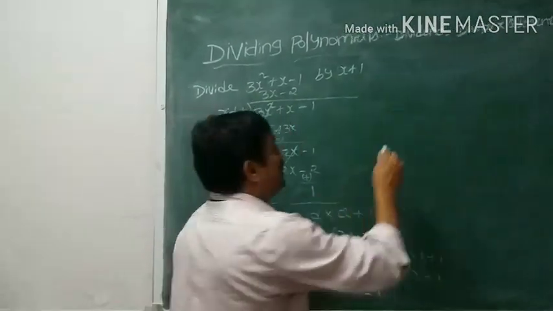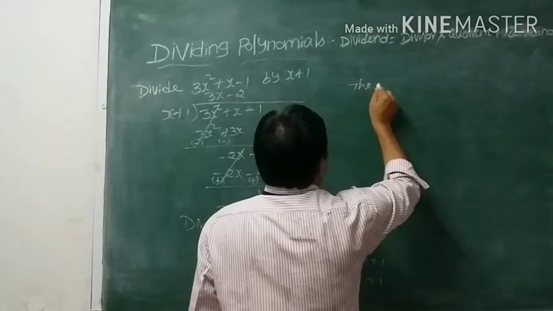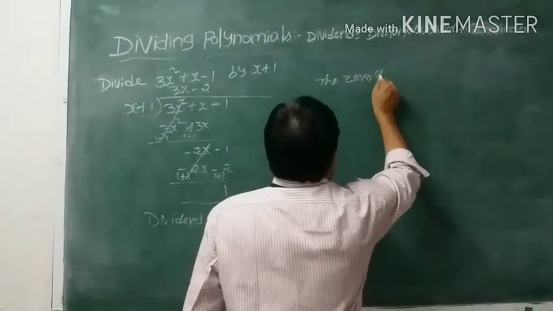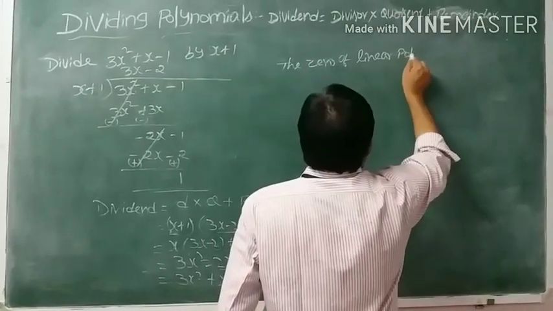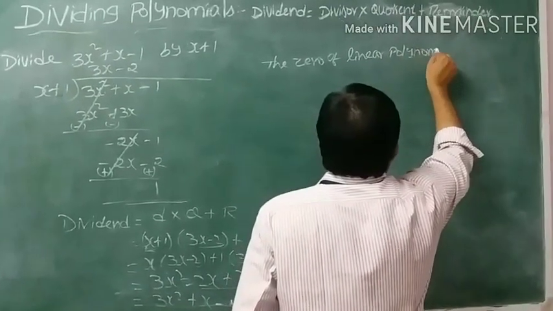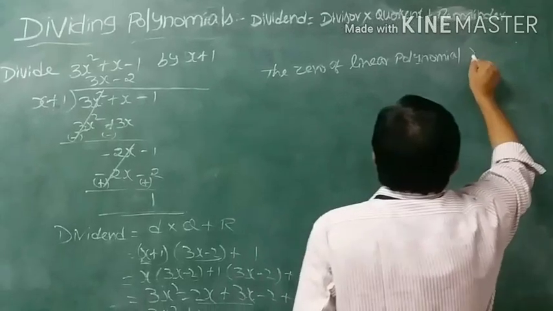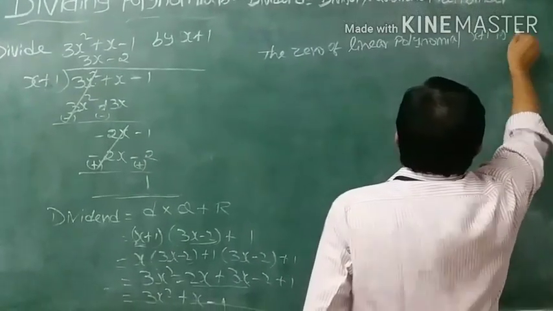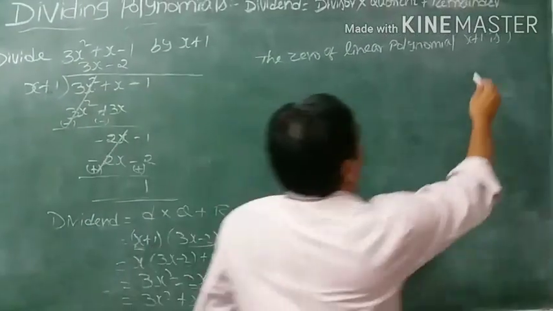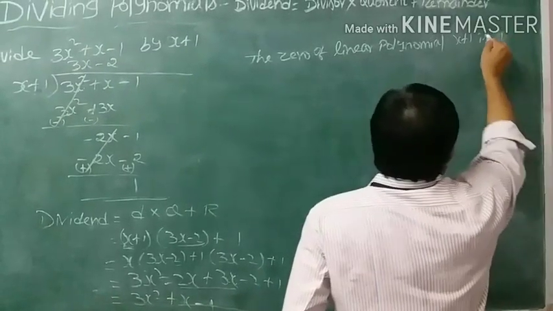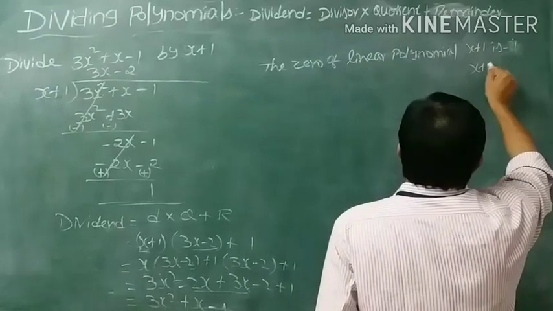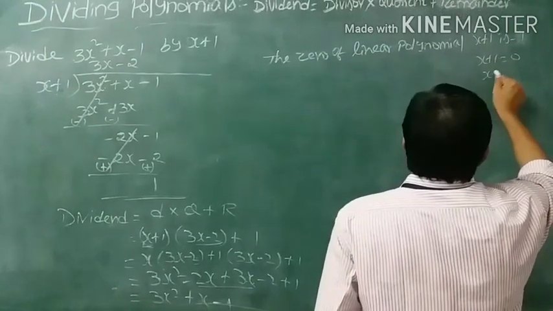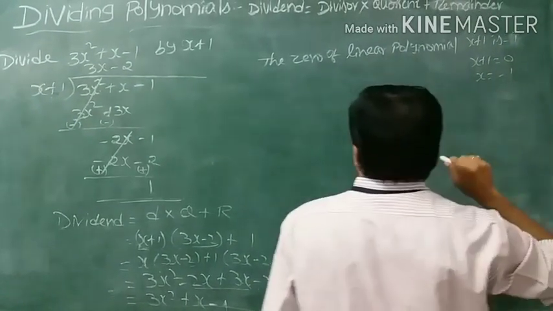So that's why we can say that the zero of the linear polynomial x plus 1 is minus 1. How can I say x plus 1 is minus 1? x plus 1 is equal to 0, then plus 1 goes to the other side and becomes minus 1.